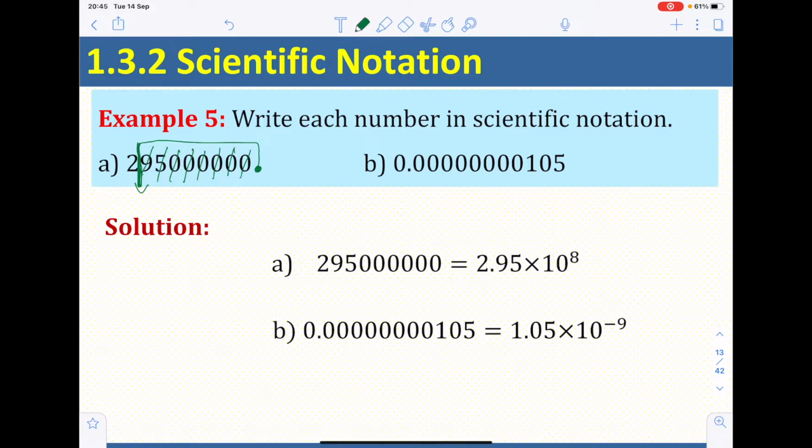So 8 digits you have to move the decimal. And since the number here is more than 1, the power would be 8. Since you moved the decimal to the left, you write 10 to the power 8. And then you put the numbers, which is 2.95.